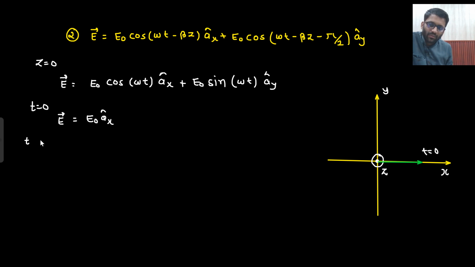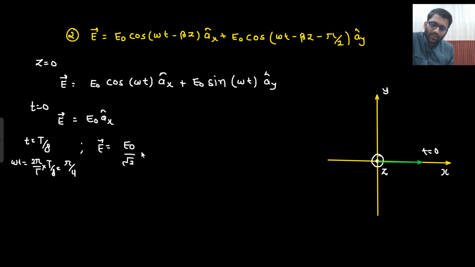Now at t equals T by 8 if I check, what will be my omega t value? Omega t value will be 2 pi by T into T by 8, so that will be pi by 4. So omega t value is pi by 4. So E is E naught by root 2 Ax cap plus E naught by root 2 Ay cap.